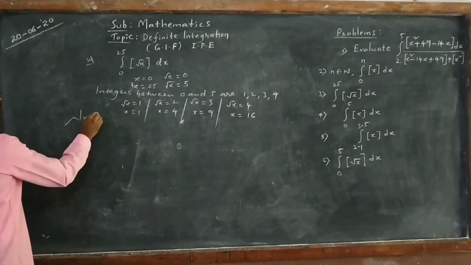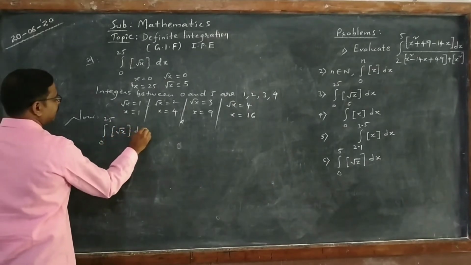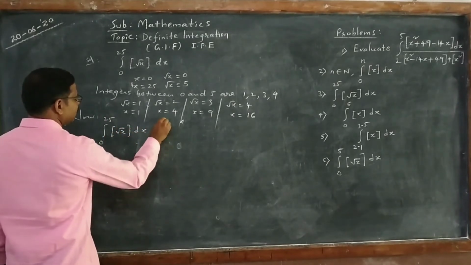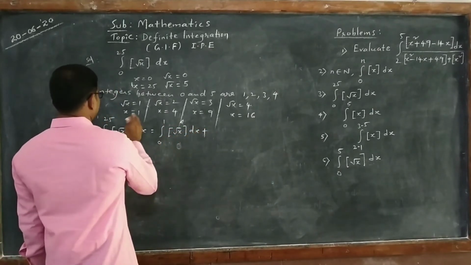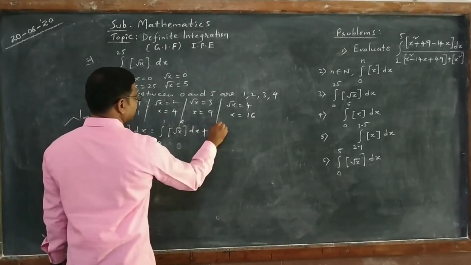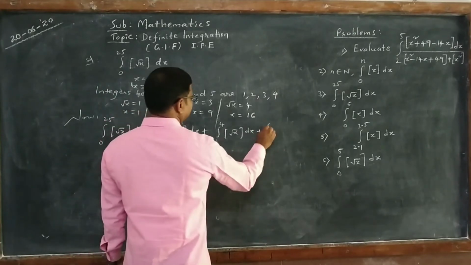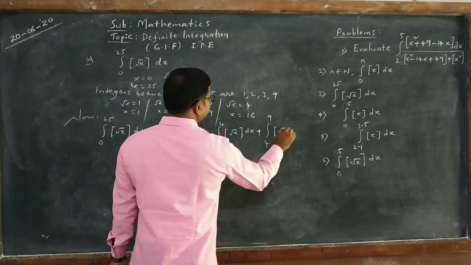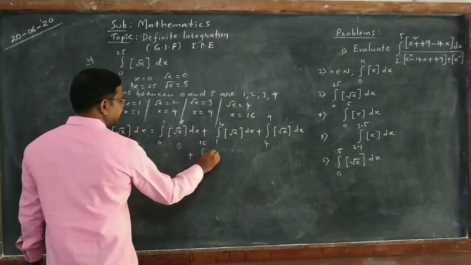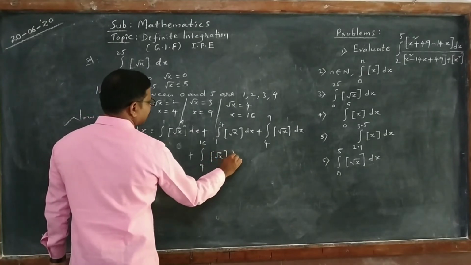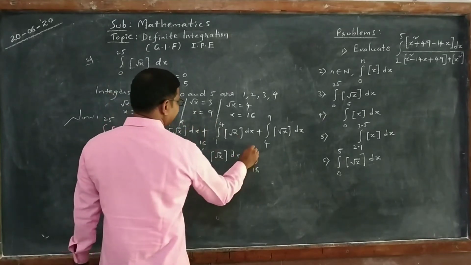Now I am going to split my integration: 0 to 25 of [root x] dx equals integral 0 to 1, plus 1 to 4, plus 4 to 9, plus 9 to 16, plus 16 to 25.